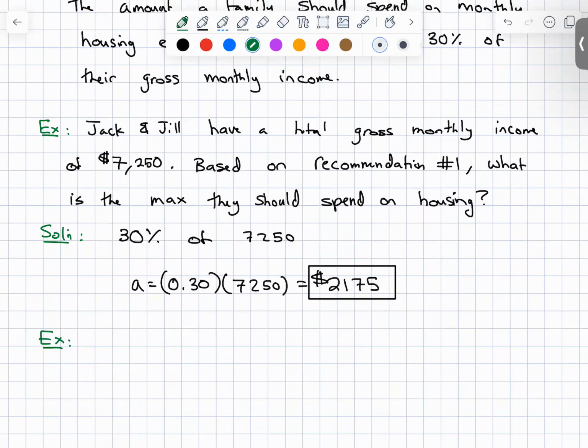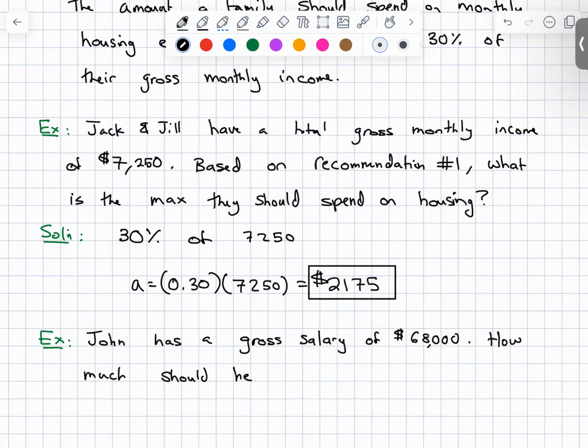Example: John has a gross salary of $68,000. How much should he spend on housing?